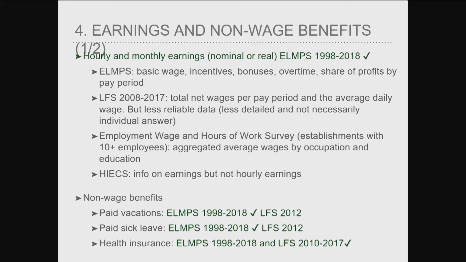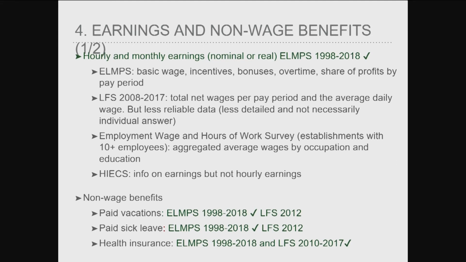It was supposed to be in here, but it's not. So the HIECS has a lot of information regarding expenditure and very detailed information on income. It could be earnings, rents, transfers, remittances, assets, financial assets, etc.